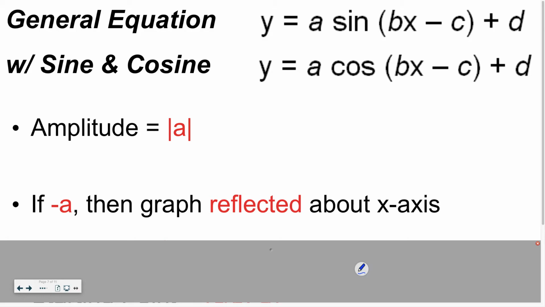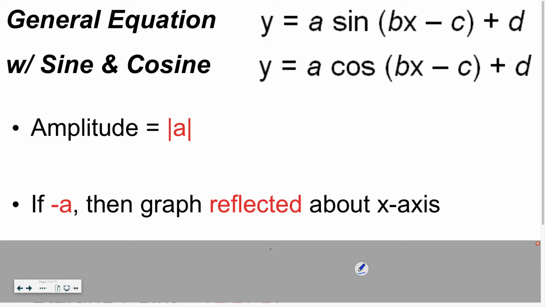All right. Now B. B is multiplied inside of our function. So B affects our graph how? Horizontally, a shift or a stretch? Stretch. Okay. B is going to be some sort of horizontal stretch or shrink. Well, horizontally, we talk about the period of our graph.